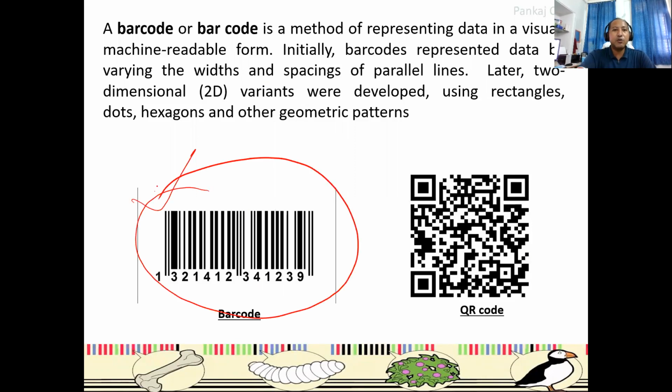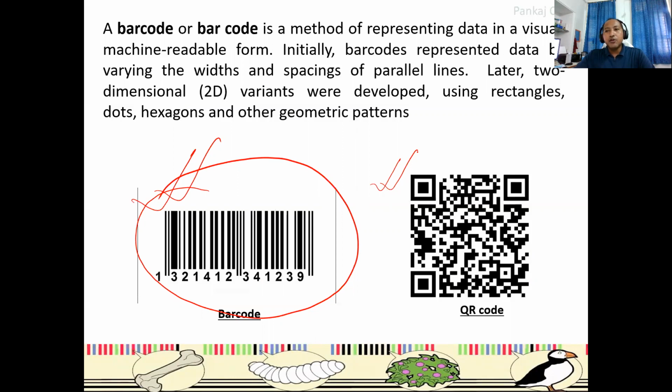So initially, barcodes used to look like this, but nowadays two-dimensional variants of the barcodes have also been developed, and these are also known as the QR code. These are made up of some rectangles, dots, hexagons, or other geometric patterns.